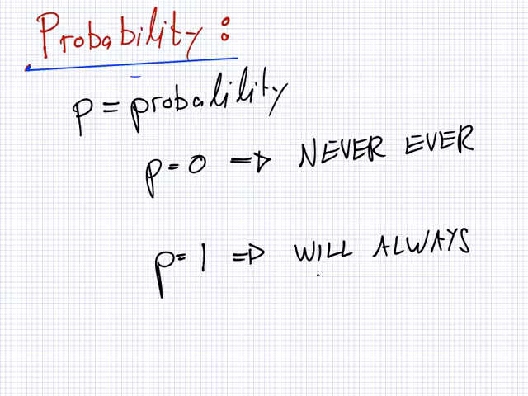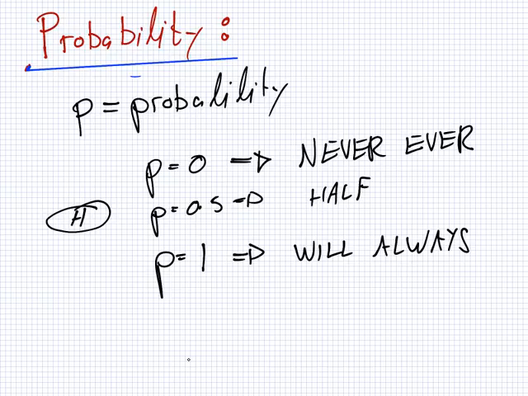And then it could be between 0 and 1. So for example, P equals 0.5 means it will happen half the time. A good example of this is when you have a coin and you have heads and tails. Half the time you'll get heads. Half the time you'll get tails. So probability is a way of saying how likely we think an event is to happen.